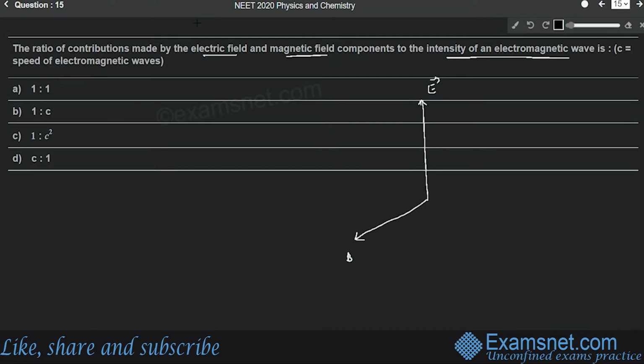Both are perpendicular to each other, and the direction of the electromagnetic wave is this. Here half of the intensity of this wave is provided by the electric field and half is provided by the magnetic field. Therefore, their contributions will be 1:1. Okay, so option A will be the correct answer.